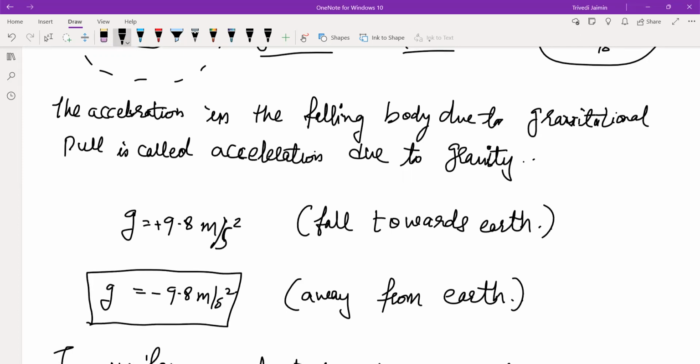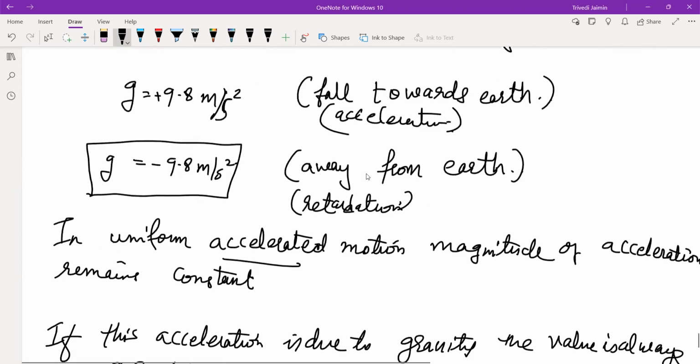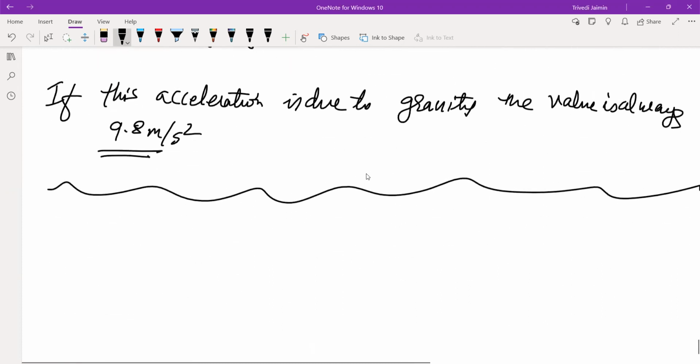Did you clear it out, Tatvi? So it will be uniform, right, when we go away from Earth? Exactly. Uniformly decreasing here, retardation. Here we can say retardation. So we will gain speed like 9.8 retardation.